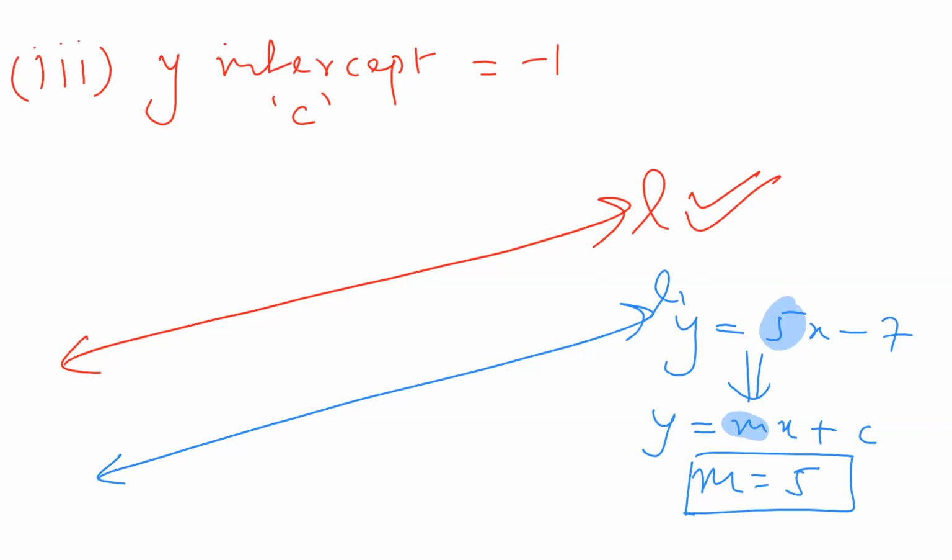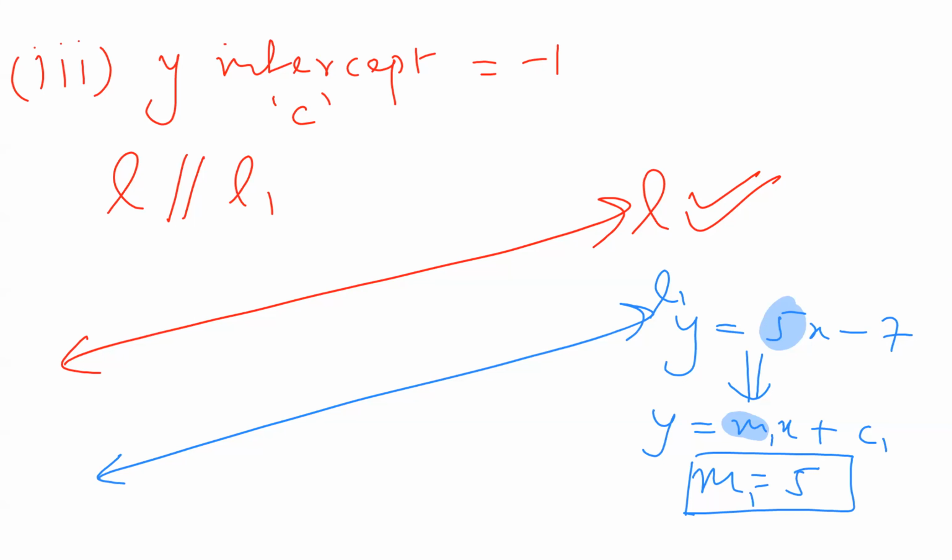So what will be the slope of line L? Since L is parallel to L1, slope of L is equal to slope of L1, right? To avoid any confusion over here, for L1 we'll use these particular notations. We'll put M1, C1, and M1 is over here.